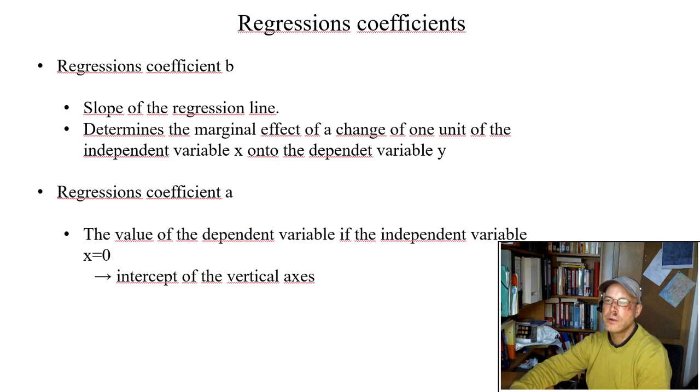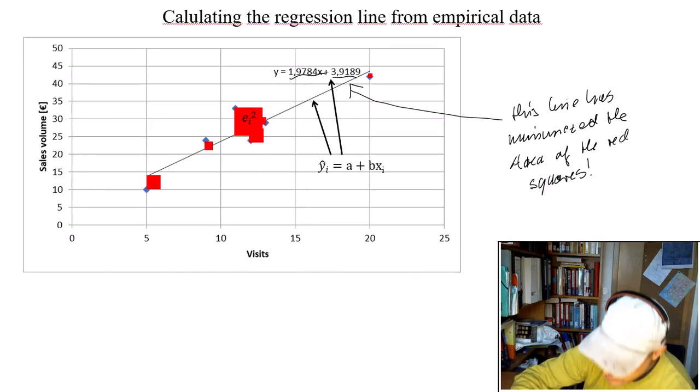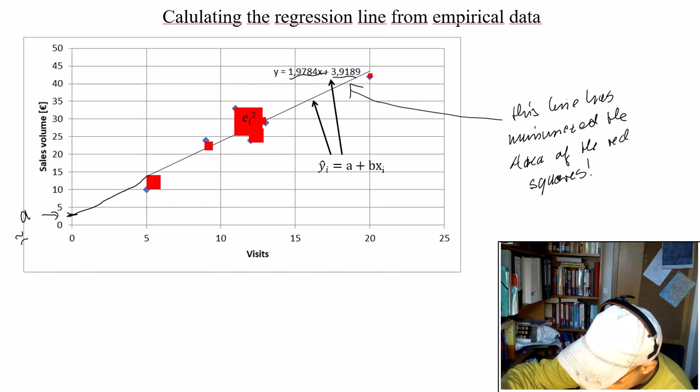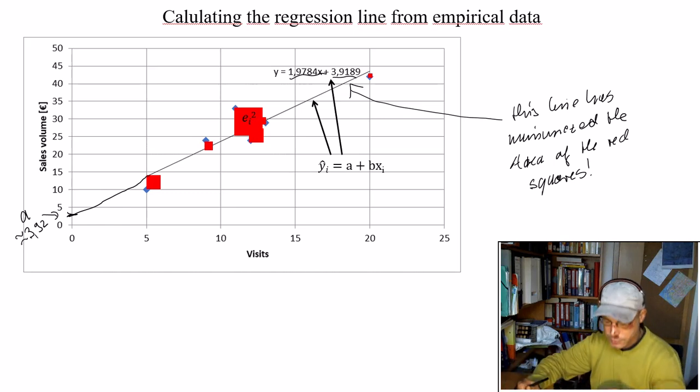And the regression coefficient A is just the value for x equals 0, so it is the cut of the vertical axis. And if we move this down here, then we are at A roughly 3.91 or 92, sorry.